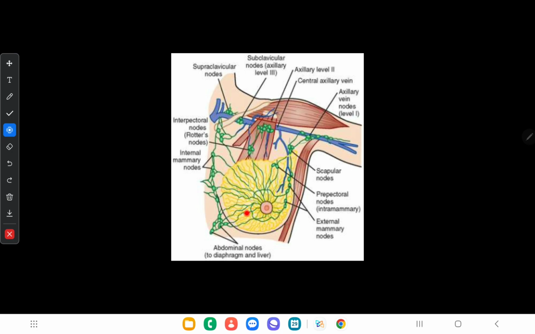If we talk about the lymph drainage quadrant-wise, the lateral quadrants of the breast drain into the anterior axillary or pectoral group of nodes, which is situated along the lower border of the pectoralis minor muscle. The lymph drainage from the medial quadrants of the breast drains into the internal thoracic group of nodes, as I told you previously.